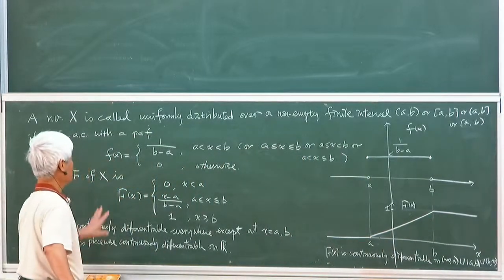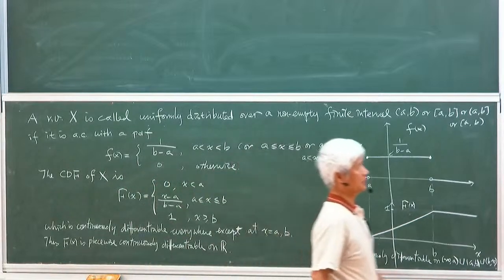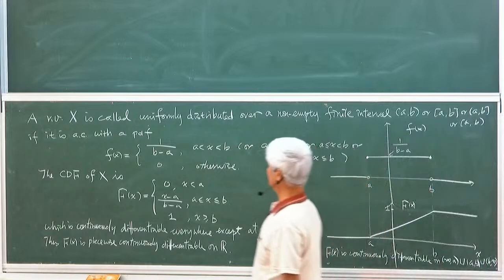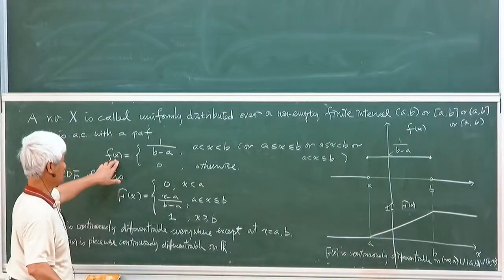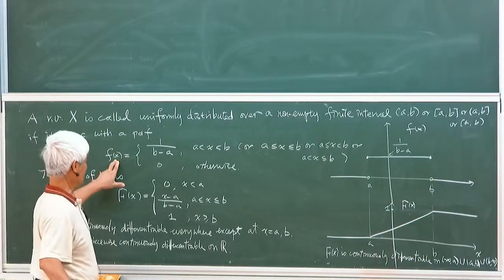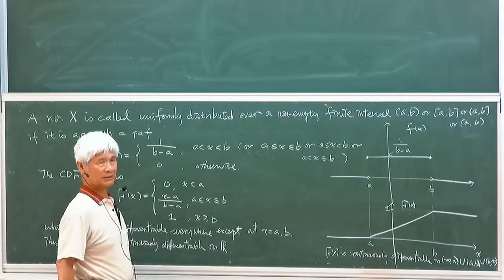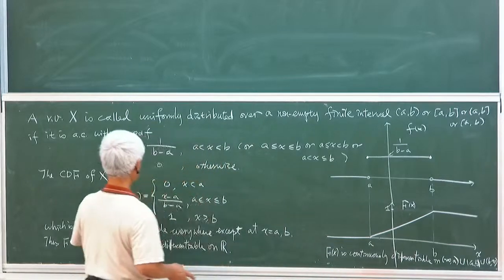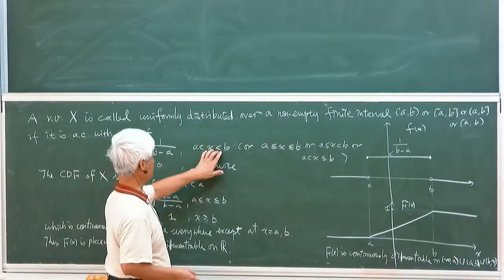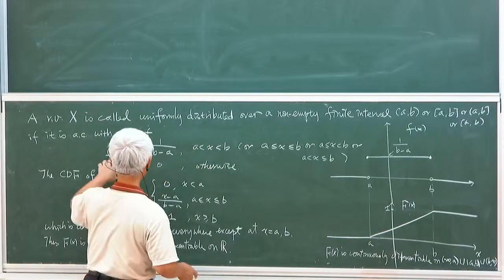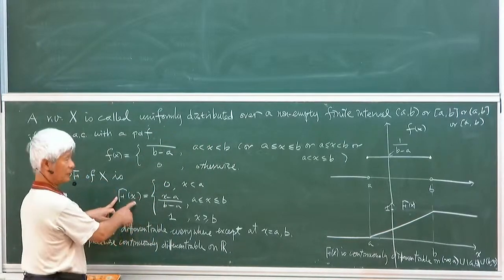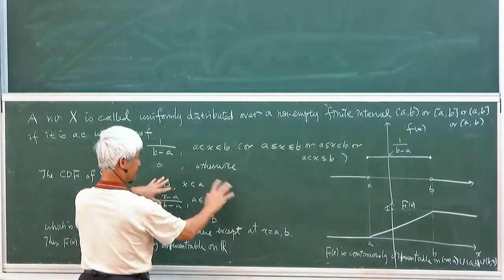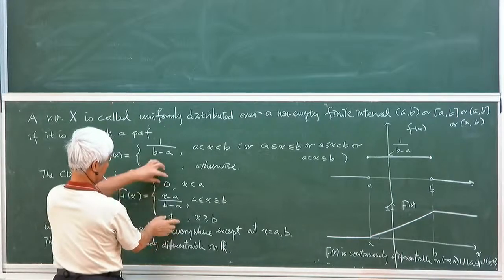And according to proposition 5.1.d, we can find derivatives in each piece where the CDF is continuously differentiable. In the open interval (A, B), this is exactly the derivative of F of x. In the other intervals, it's 0.